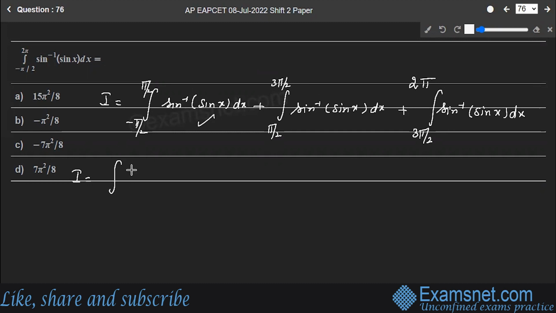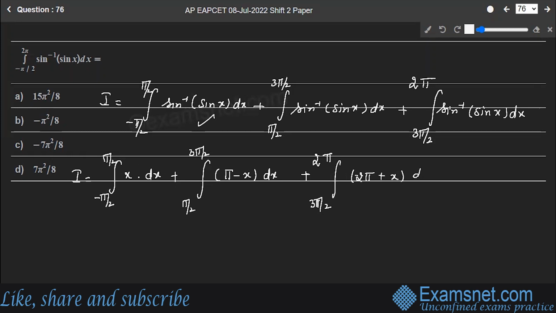So for these limits, sine inverse of sine x can be written as x dx for minus pi by 2 to pi by 2, plus for pi by 2 to 3 pi by 2, sine inverse sine x can be written as pi minus x dx, plus for 3 pi by 2 to 2 pi, this will be minus 2 pi plus x dx. Now let's find the integral.